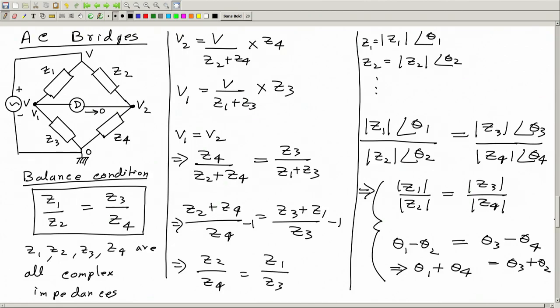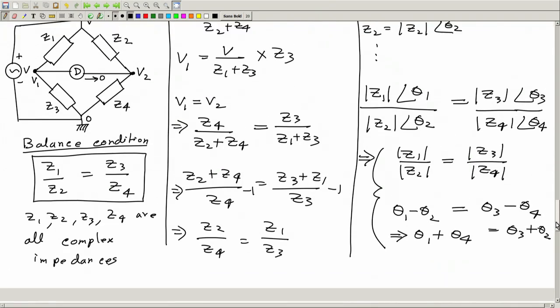and this equation we can write, this is the balance condition in ratio form. Because we are taking the ratio of two adjacent sides Z1 by Z2 and the other two adjacent sides Z3 by Z4, they are equal.